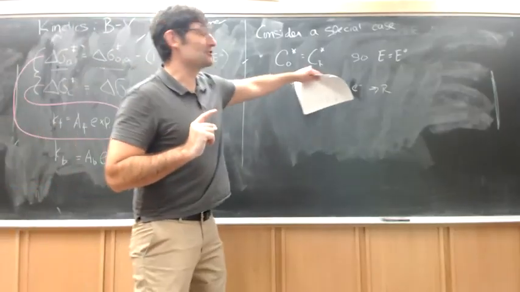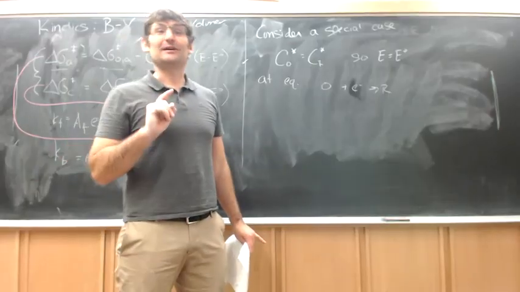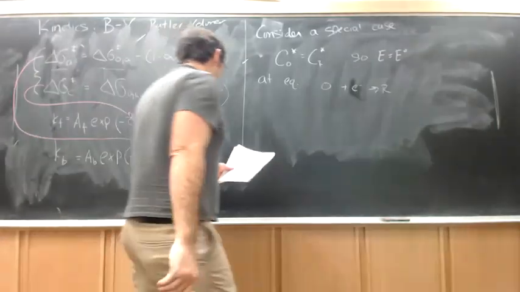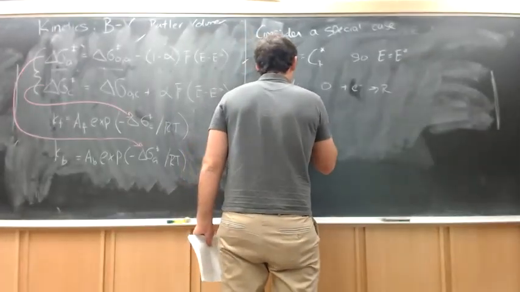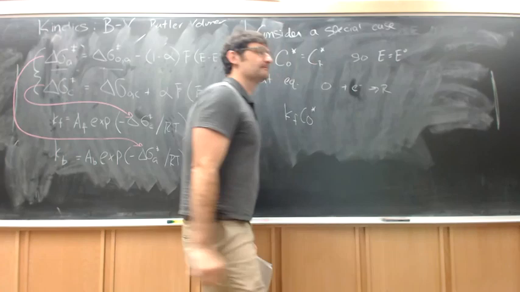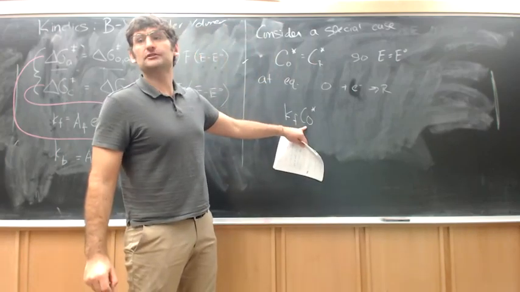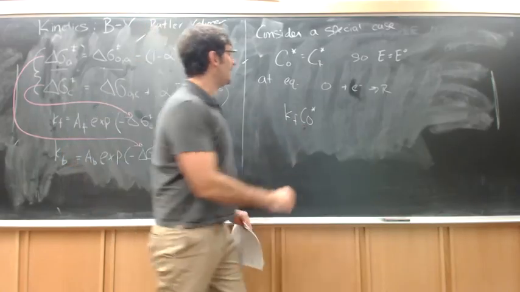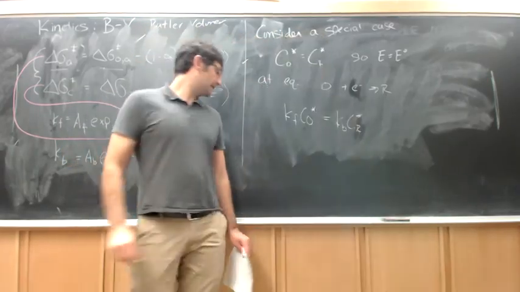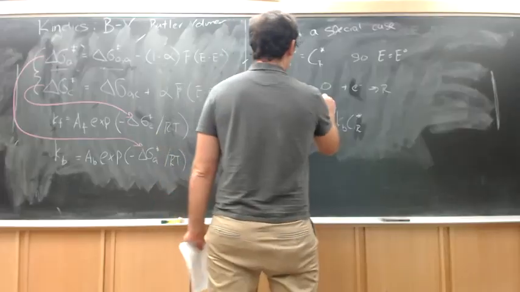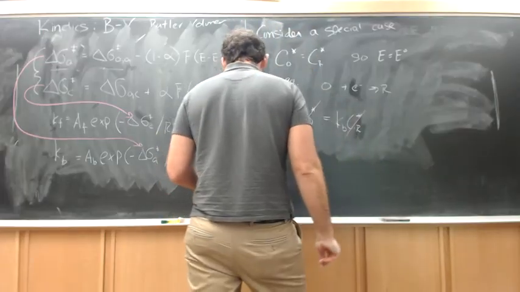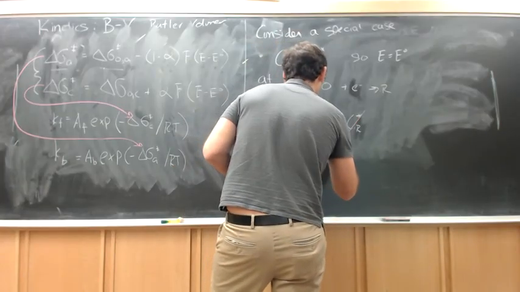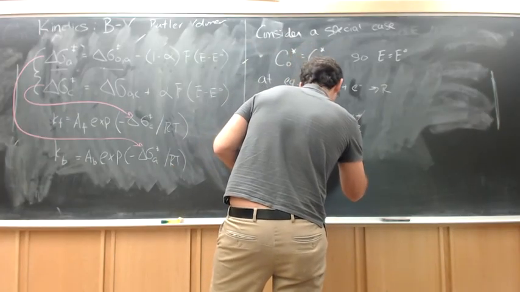Now, if the concentrations are the same, you had a good foreshadow moment there, the rate constants will also be the same. So let's see that. The reaction velocity is going to be Kf CO star, right? Because at equilibrium, the bulk concentration and the surface concentration will be the same. There's going to be no concentration gradients at equilibrium. And that has to equal the backward rate. But if CO star and CR star are the same, those cancel. And what we get, Kf equals Kb equals K naught.